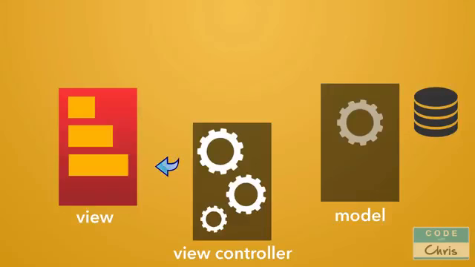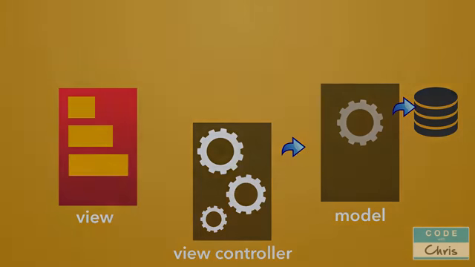Now similarly, if the user interacts with the view and let's say deletes a contact, then the view controller gets that interaction or gets that message and passes it to the model to tell it to remove a contact because the model manages the data.